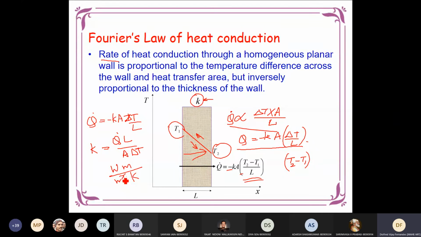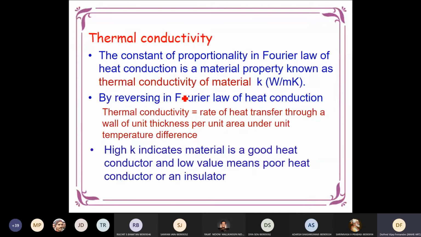You will get the unit watt per meter Kelvin. So we can also use the Fourier law, inverted, to define the thermal conductivity.